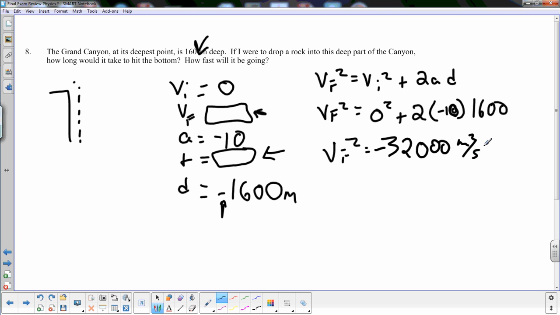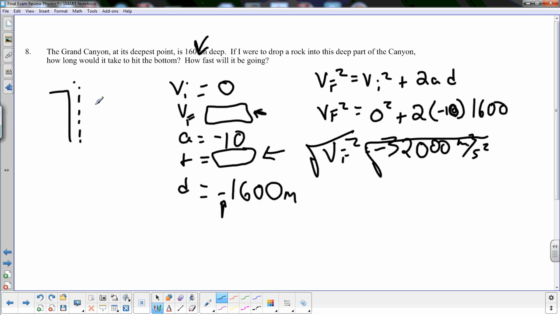Square root, square root. Now you're taking the square root of a negative number. That's a big time no-no. But because we're dealing with a vector, we're just saying that this 32,000 is a negative direction, which means we're dealing with something going down. So we can kind of ignore that negative and then plug it back in.